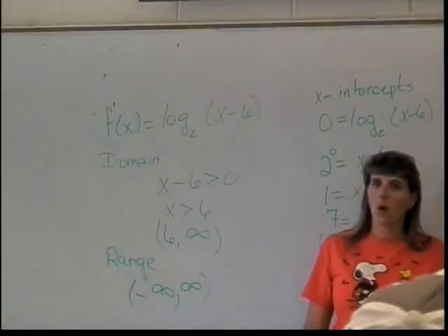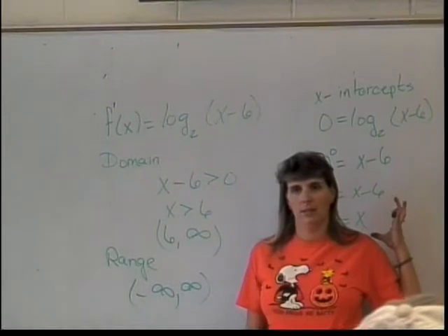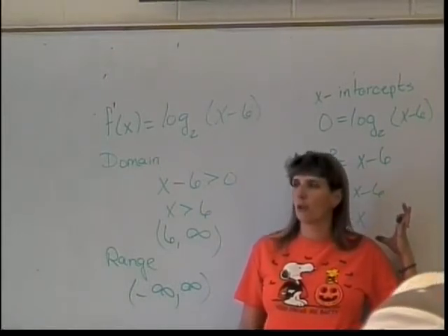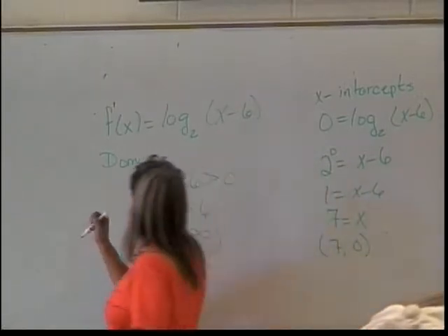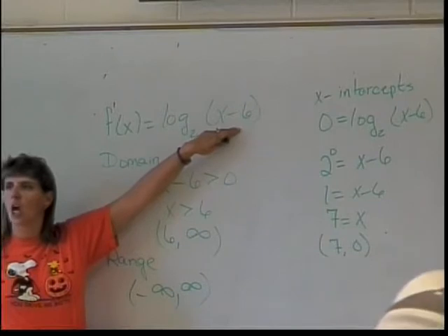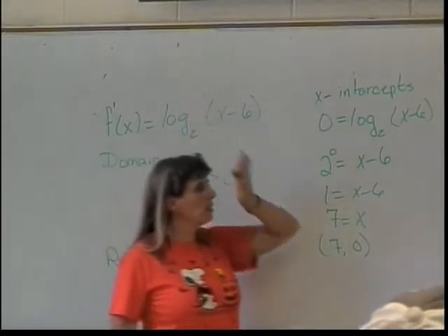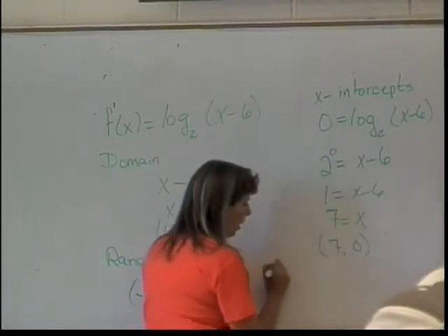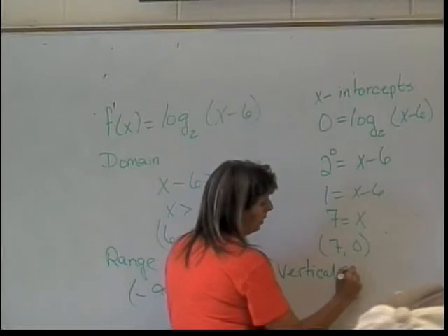Now, what happens when I move my functions left or right? Transformations. The vertical asymptote is going to move left or right, just like my function did. So going back to this function, which way did this function go? Right. How far? 6. So that means my vertical asymptote is going to also go 6 right.